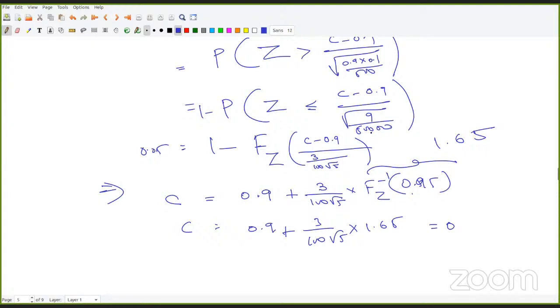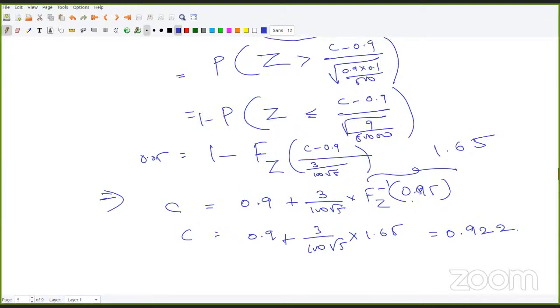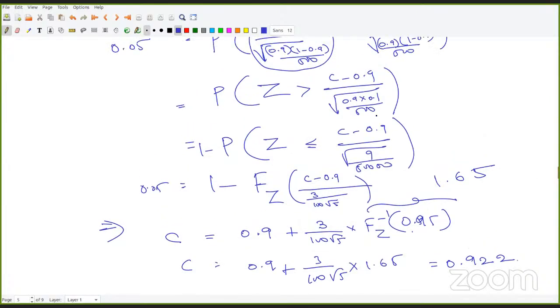The square root of 10,000 is 100. So 0.922. Is this 50,000? Two more zeros will be added into this, and it will become 50,000. Yes, it is 50,000, it's not 5 lakh.